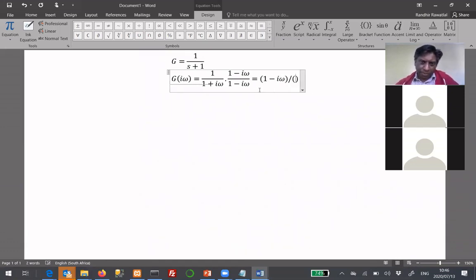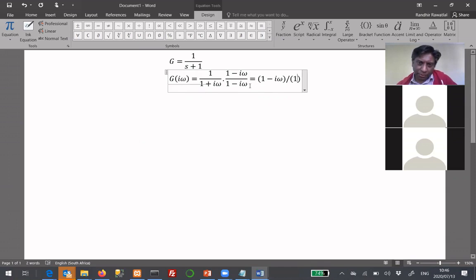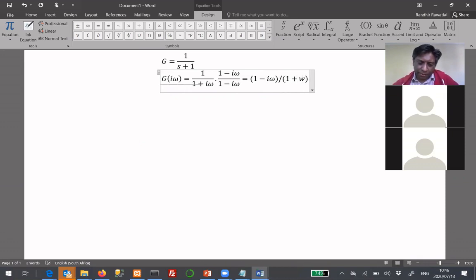And then in the denominator, we are going to have 1 squared, which is 1. And then we have minus omega squared I squared. And I squared, of course, is minus 1. So this works out to 1 plus omega squared.